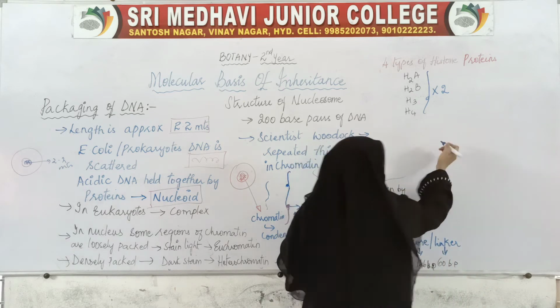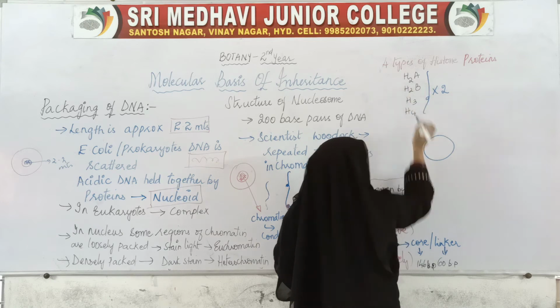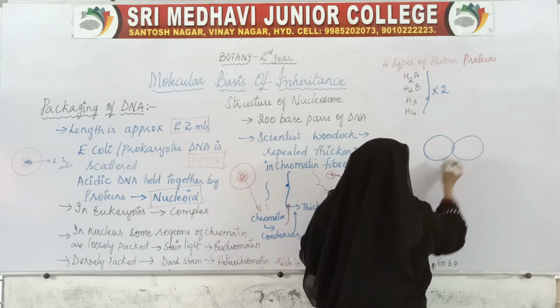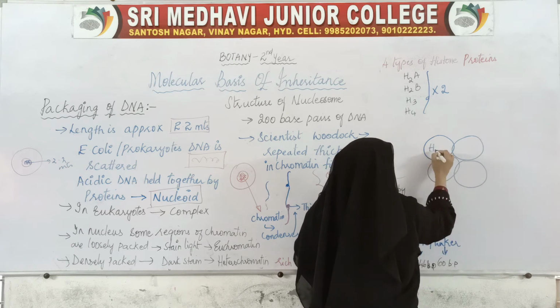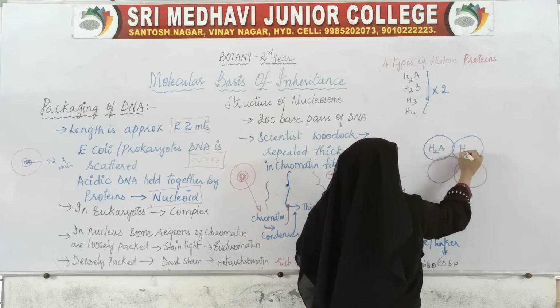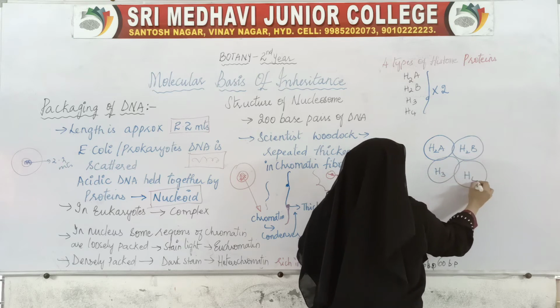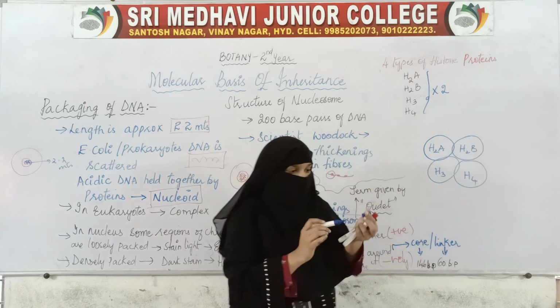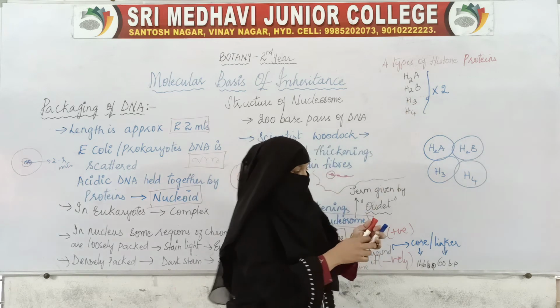See here, this is one histone protein. How many types are there? Four, right? One type, two type, three type, and the fourth type. This is H2A, H2B, H3 and H4. So four proteins, and each of them is two in number.